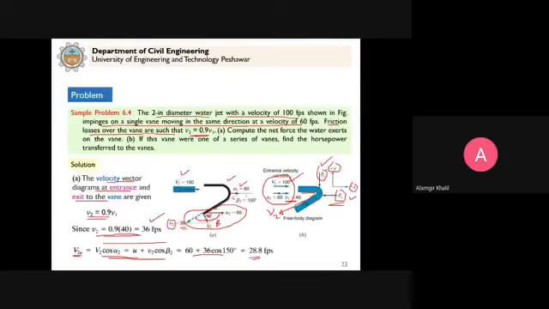Now coming here, the forces that we calculated in the first part. So we stated that this is the diagram here. So we calculated this is the force Fy and this is the force Fx in the first part. So the force of the jet on this vane will be opposite to this. So it will be in this direction here.